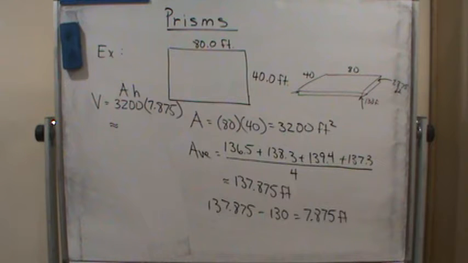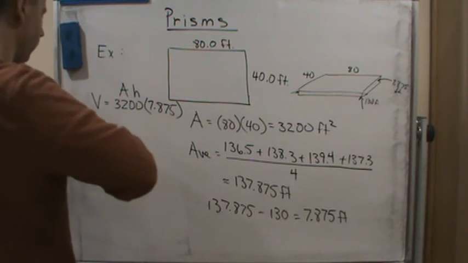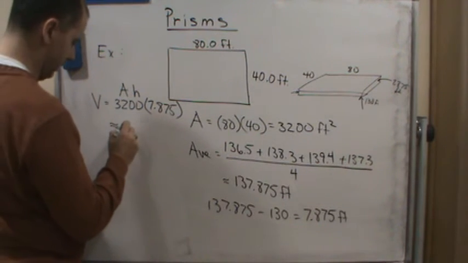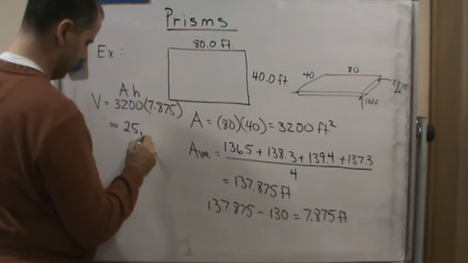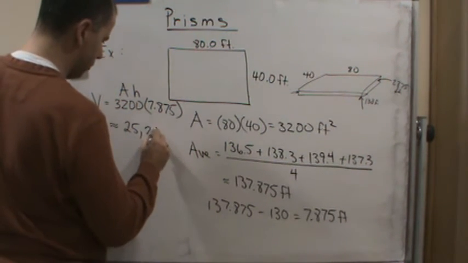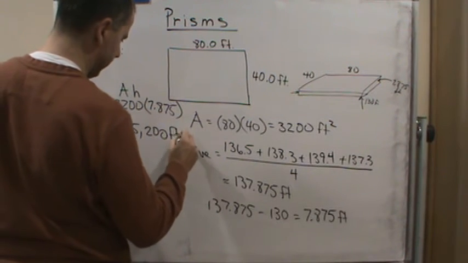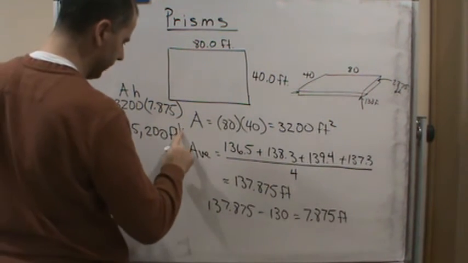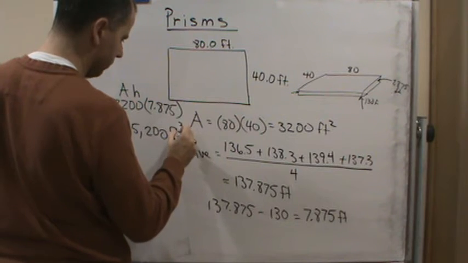And so what do we get for the volume in this case? We get 25,200 square feet. Now, not square feet, cubic feet.